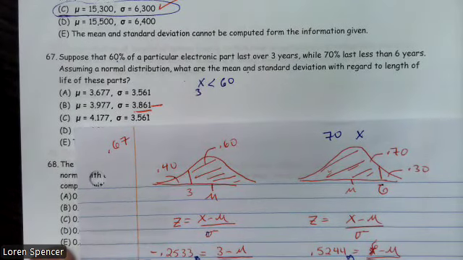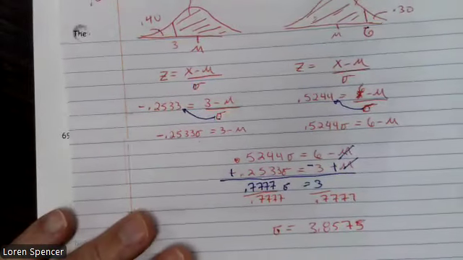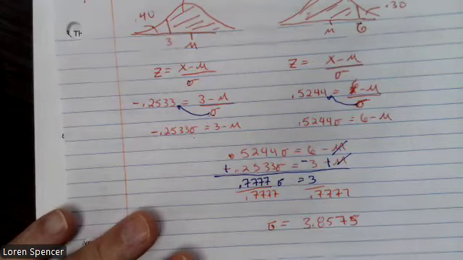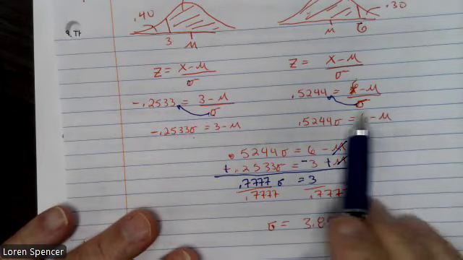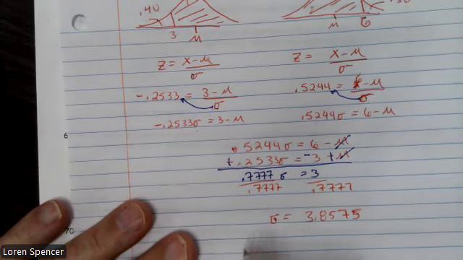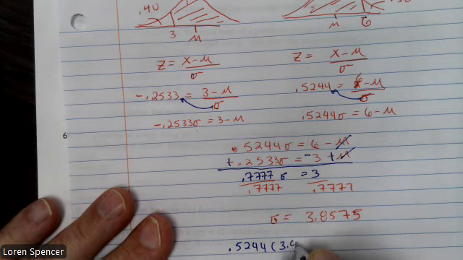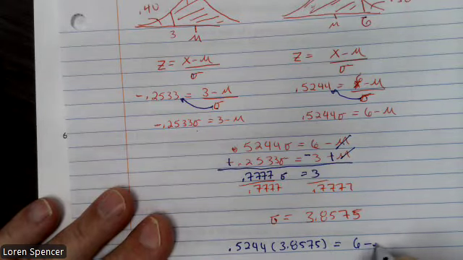Let's go ahead and plug back into one of the equations to check for the mean. It doesn't matter, again, which equation. I'm going to choose this one just because it's positive, but it really doesn't matter. So 0.5244 times 3.8575 equals 6 minus the mean.